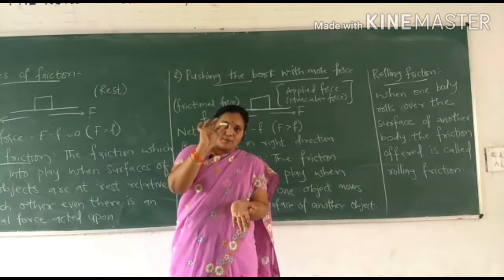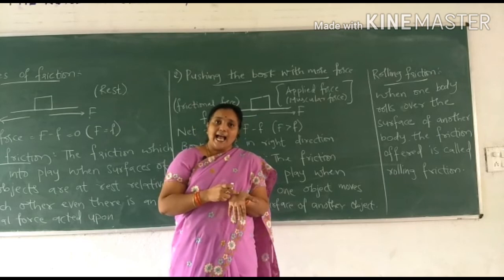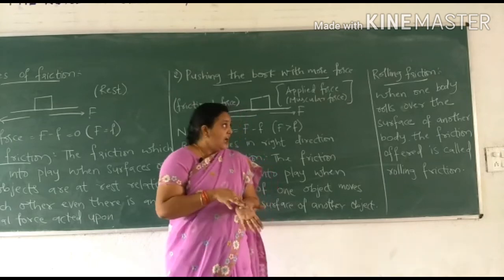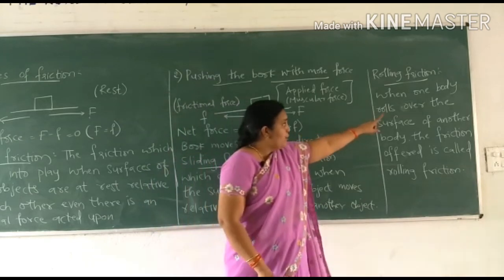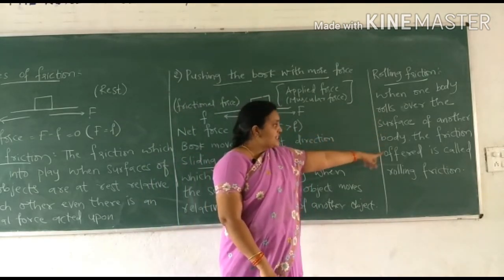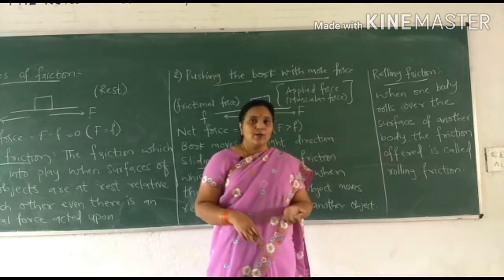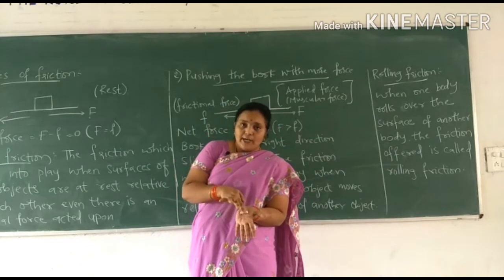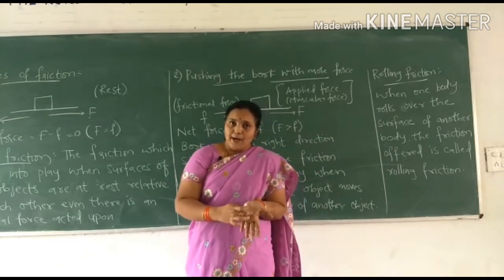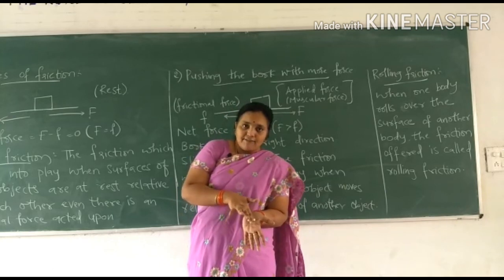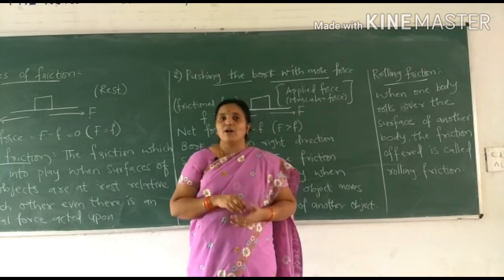So the frictional force between this rolling object and the surface is called rolling frictional force. When one body rolls over the surface of another body, the friction offered is rolling friction. Here the rolling object is the chalk piece and the surface is my palm. So the friction between the rolling object and the surface of my palm is called rolling friction.